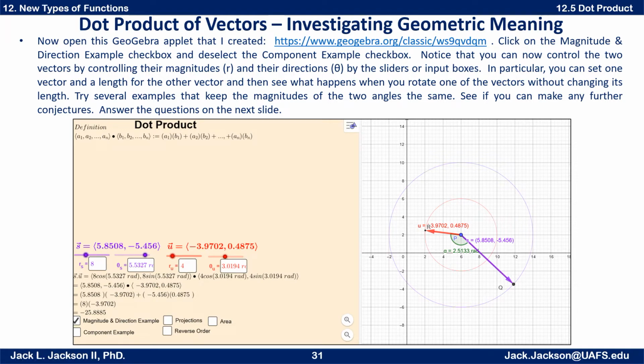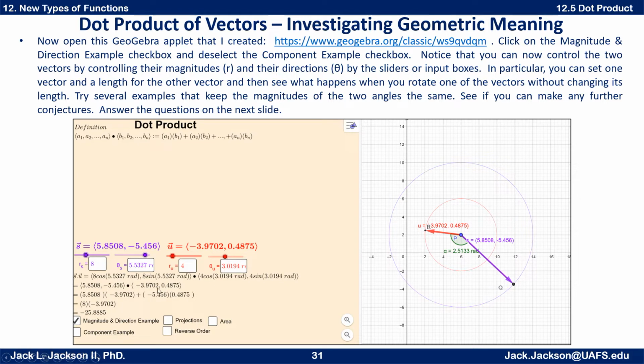For example, the x component is r cosine of theta. So in this case, it's 8 times cosine of that many radians. And comma, the y component is r times the sine of that same angle. So at least approximately, this is worked out here into x and y components, the same way for the other vector.